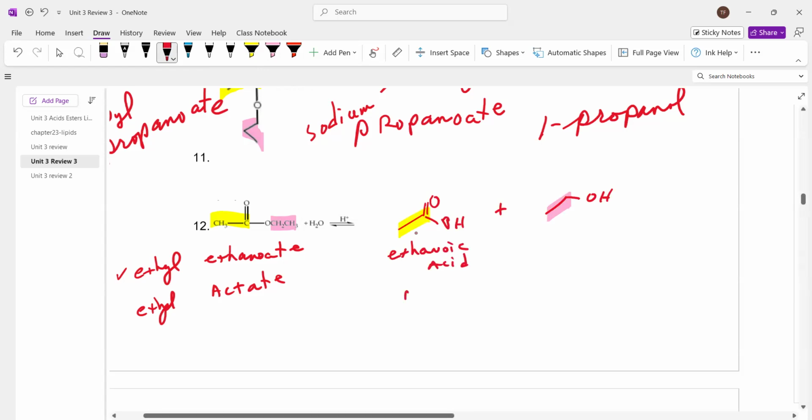So that's ethanoic acid or acetic acid. This is ethanol.